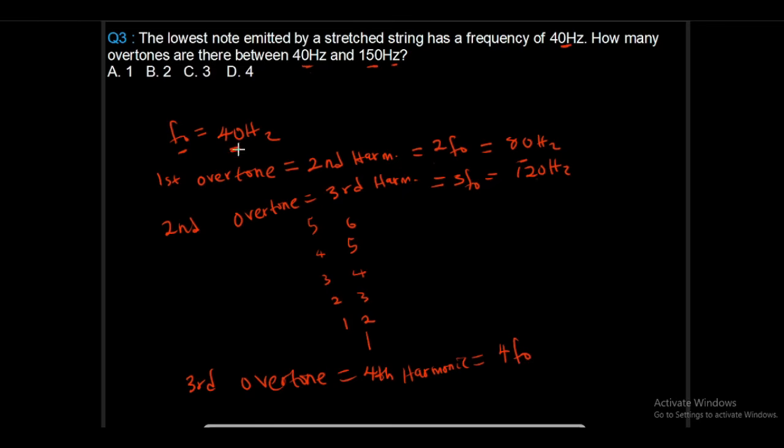Fundamental frequency is 40, so we're going to have 4 times 40, which is 160 hertz. All right, and 160 is above this 150. So the only overtones that fell between 40 and 150 are 80 hertz and 120 hertz, just the two of them, which is option B.